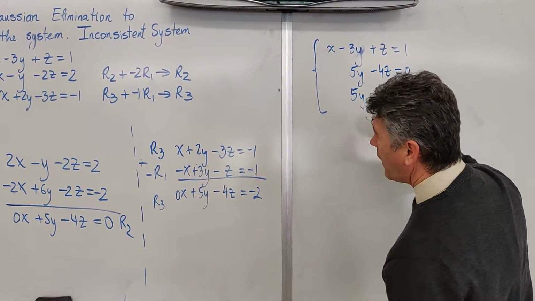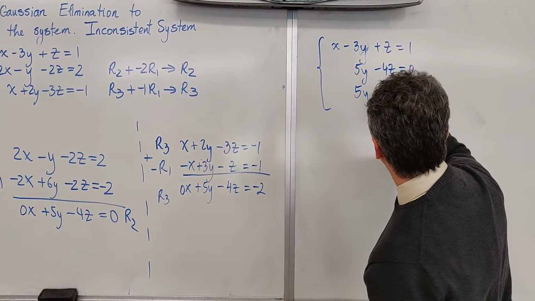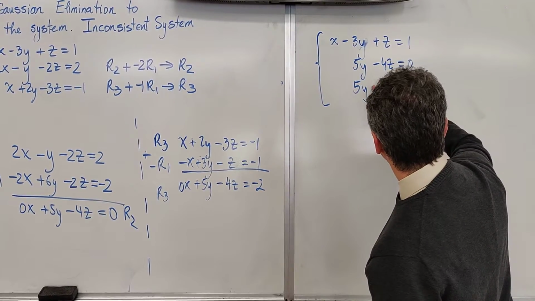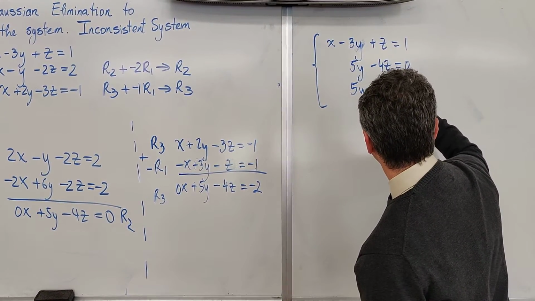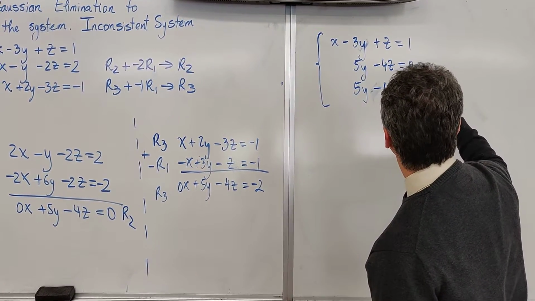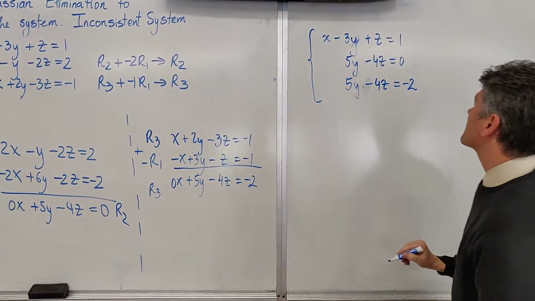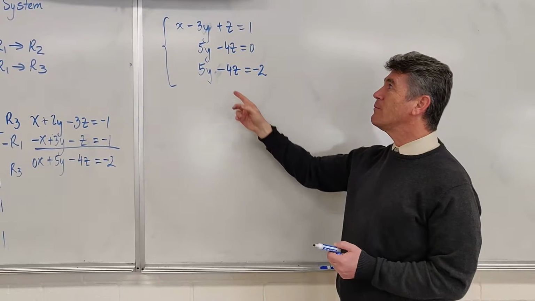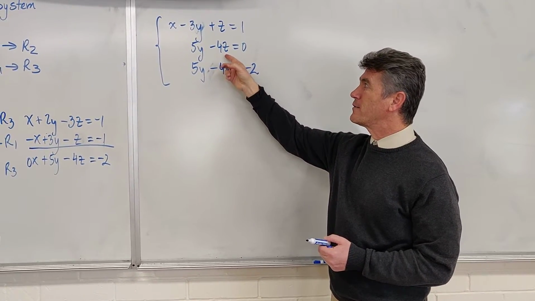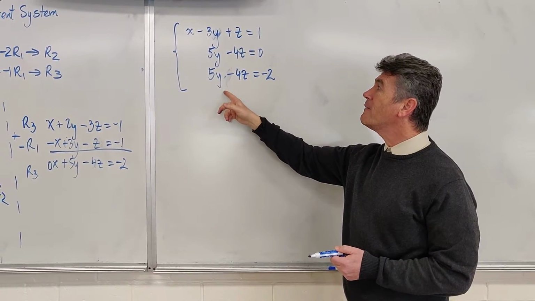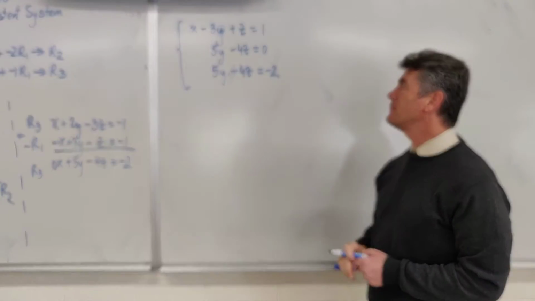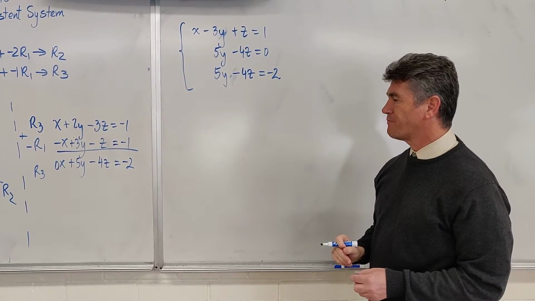And 5y minus 4z is equal to negative 2. Right now, you should stop and think about this. It is impossible for 5y minus 4z to equal 0 and 5y minus 4z to equal negative 2 as well.